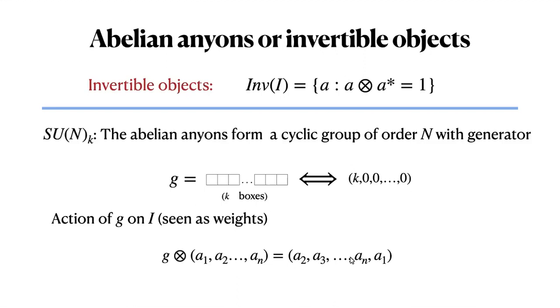I mean the cyclic action is given here. So it's in some sense very easy to describe. In particular, this is a way to describe what happens with the powers of this cyclic group.